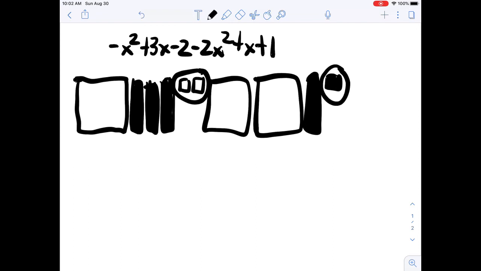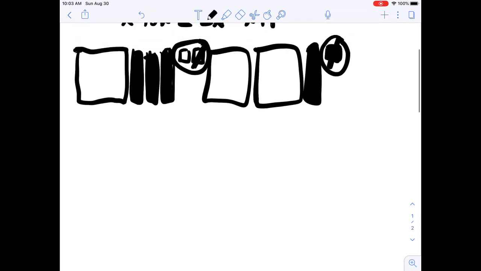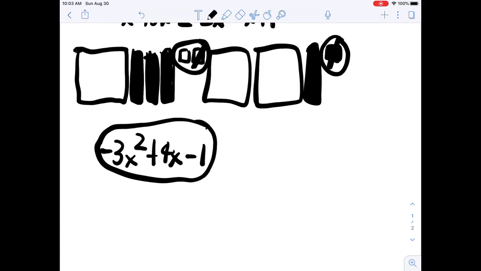And I'm choosing these terms because one thing they have in common is that this shaded square and this unshaded square give a 0 pair, so we can just cancel one of the unshaded squares and this shaded square, and so you're left with negative 3x squared plus 4x minus 1 as the final answer.